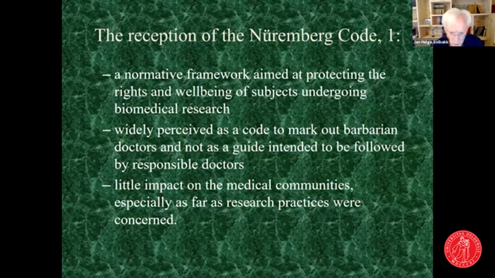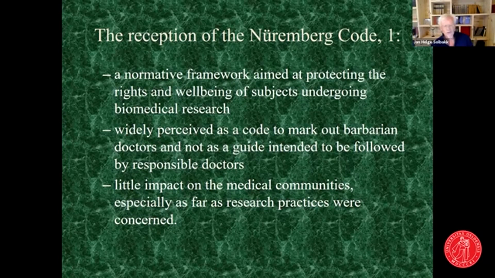The Nuremberg Code was the normative code that was drafted as one result of the Nuremberg trials. The reception of this code was not very enthusiastic. It was a normative framework aimed at protecting the rights and well-being of subjects undergoing biomedical research.